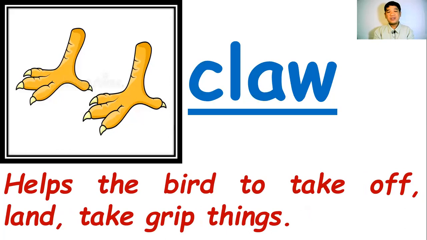They take and grip things such as grass or light parts of the trees, just in order for them to make a nest. Okay, so that is the purpose or the main function of the claw of the bird.